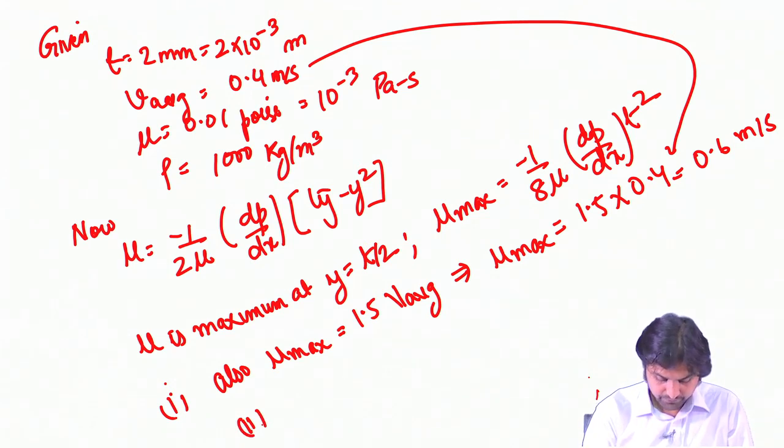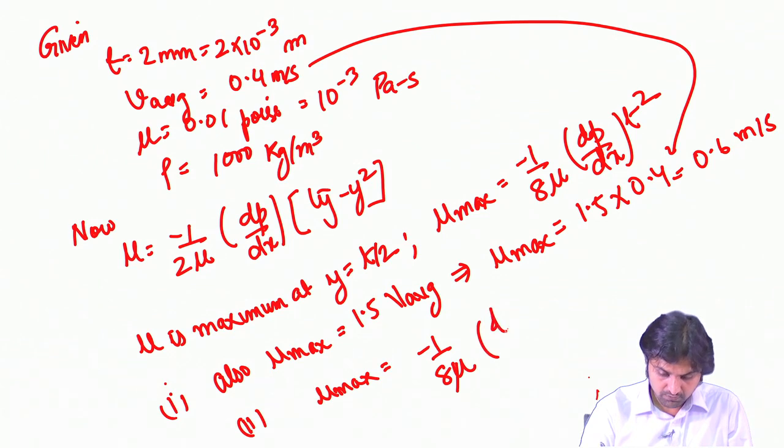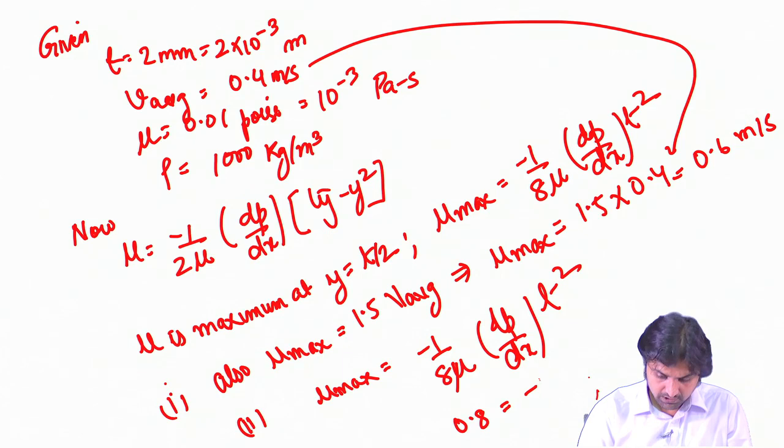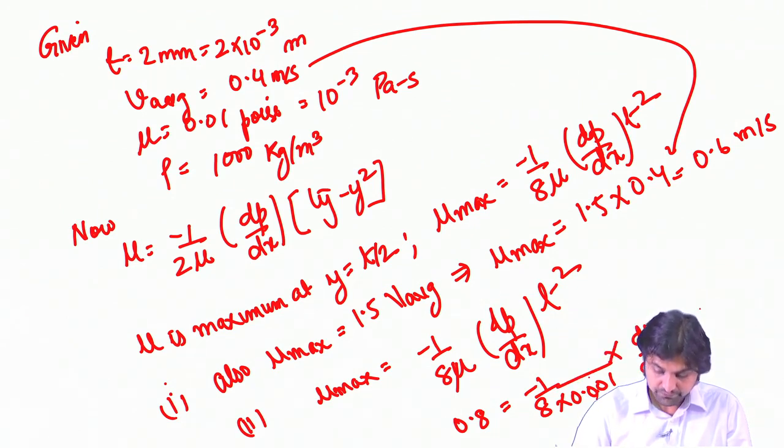Second, U max is also written as minus 1 by 8 mu into dP dx into T square. If we substitute the value of U max, that is 0.6, it is equal to minus 1 by 8 into 0.001, and dP dx is what we need to determine, and T is 2 millimeters, so 2 into 10 to the power minus 3 whole square.